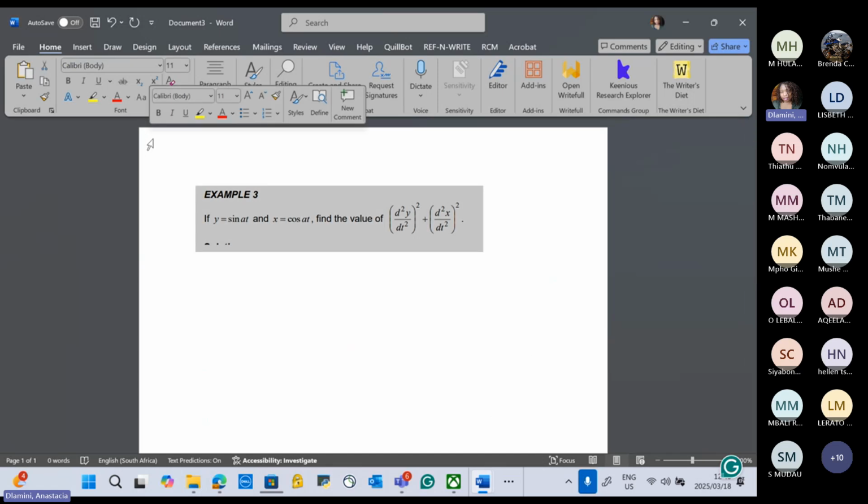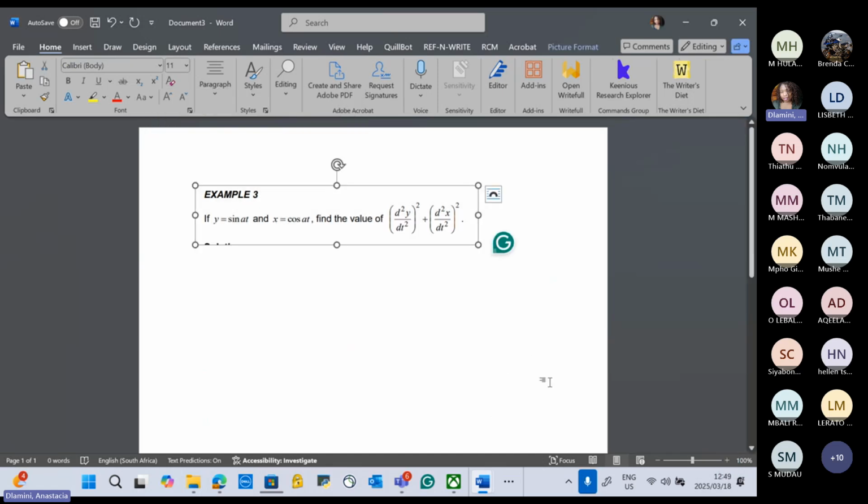So now, where do you start when it's like this? What are they saying? They're practically saying that we should find the second derivative of y is equal to sine at and also the second derivative of x is equal to cos at.